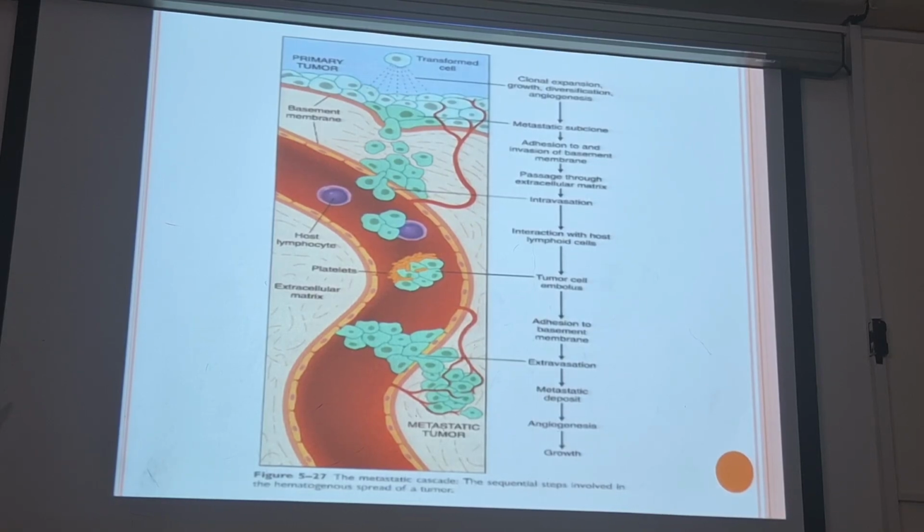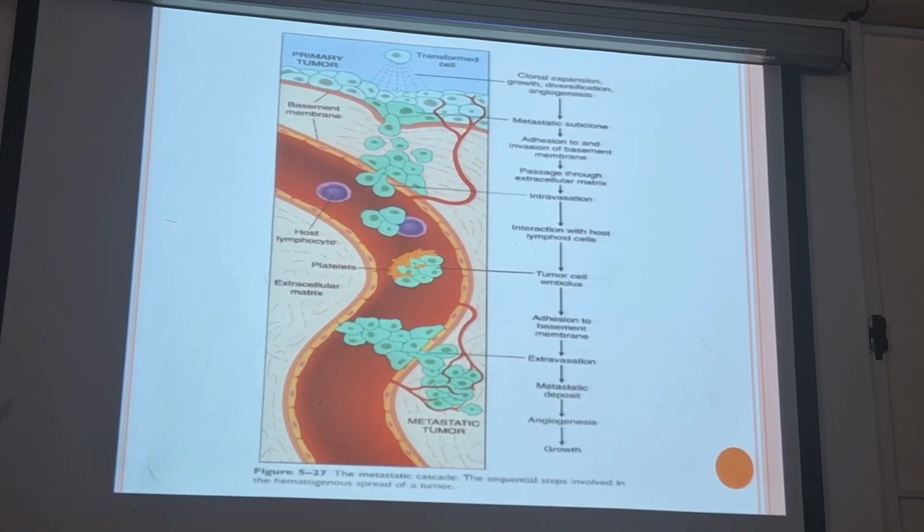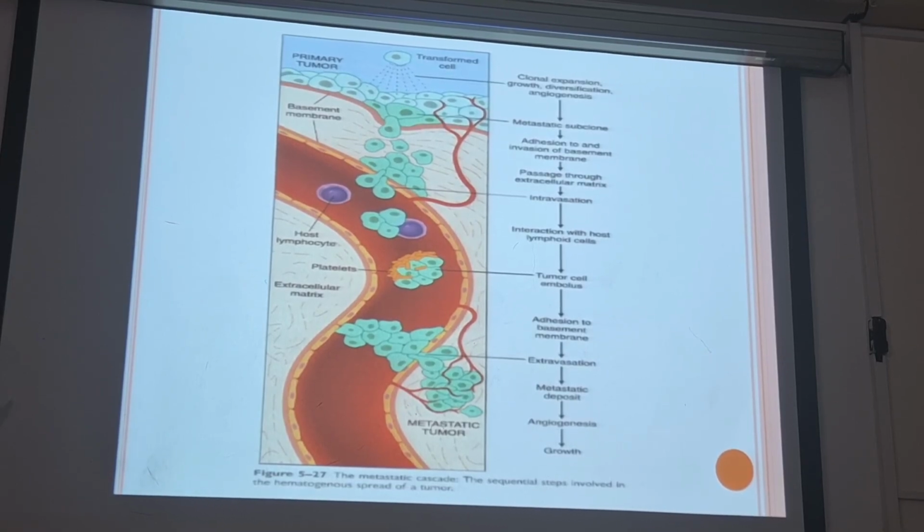So at first, for example, this is a basement membrane, for example, an epithelial tumor like squamous cell carcinoma. They are primary tumors of the skin, and the skin is a type of epithelial tissue. Okay, in the epithelial tissue we have some epithelial cells like this.